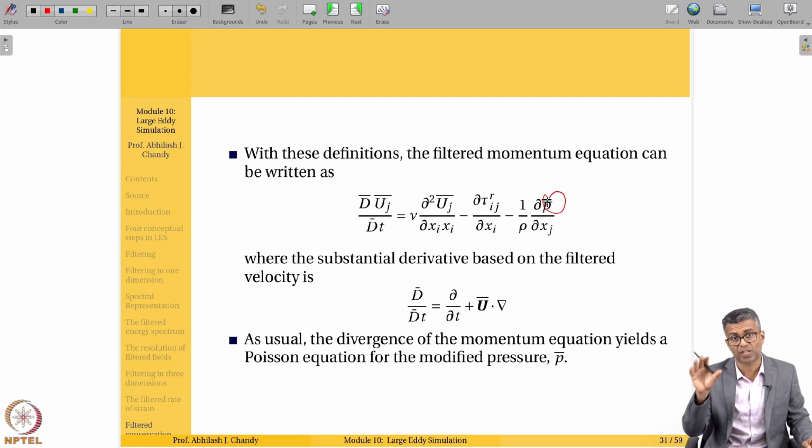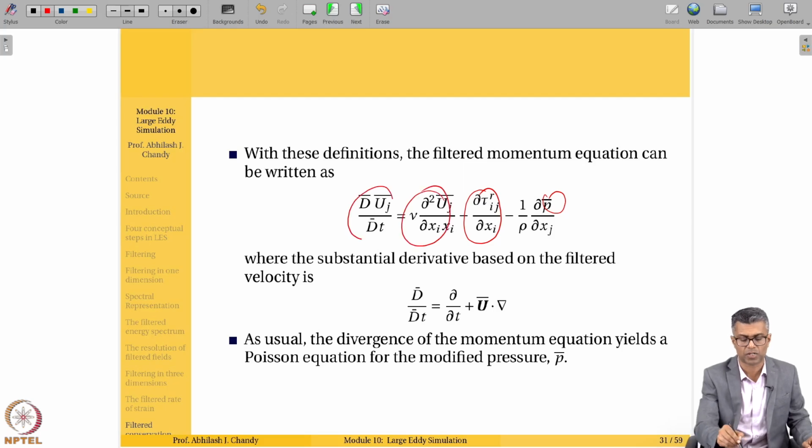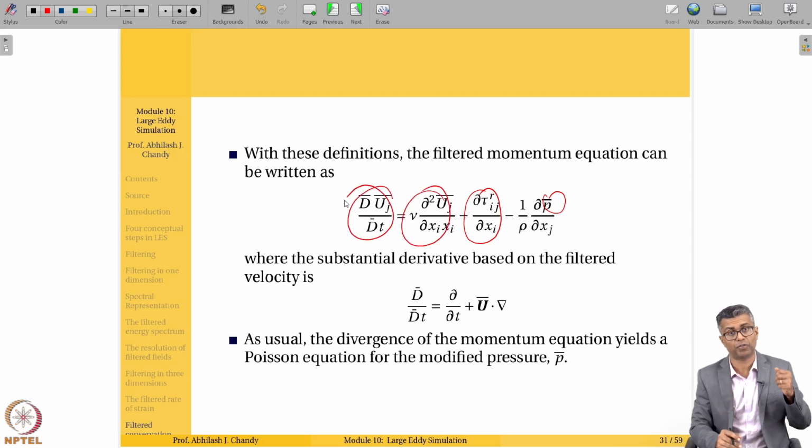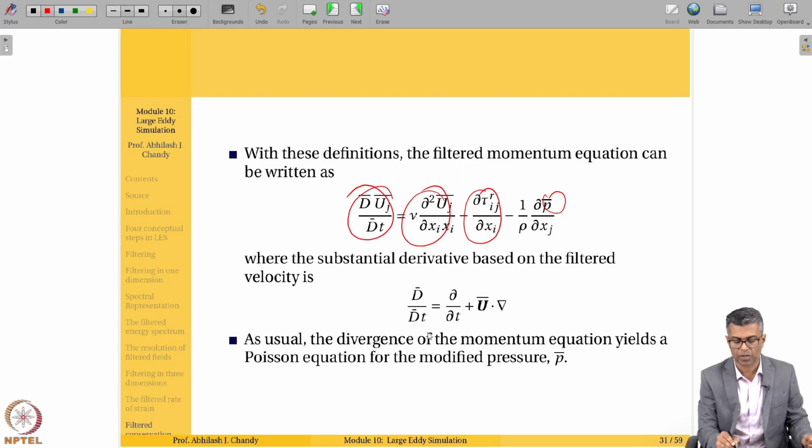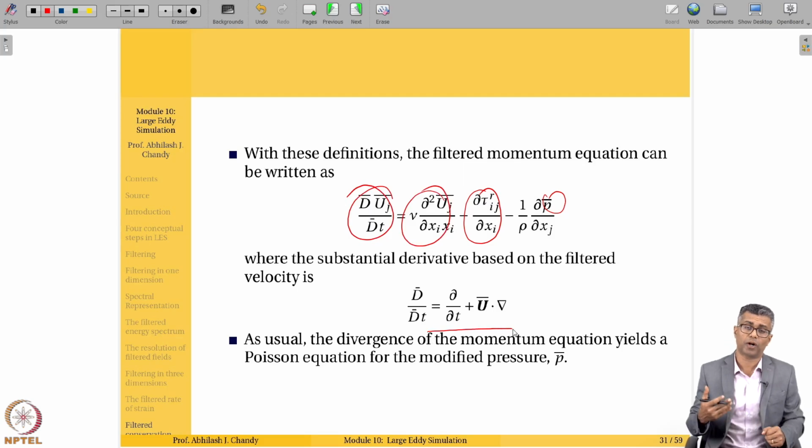The pressure term includes the isotropic part of the residual stress tensor, and tau_ij^r is the anisotropic part. This is obviously the viscous term, and the left side is the substantial derivative of the filtered velocity, defined as del_t plus u bar dot del. We did the same thing, calling it a mean substantial derivative, when we were deriving the Reynolds equations. These are the filtered equations.